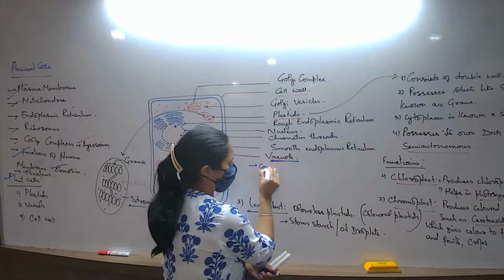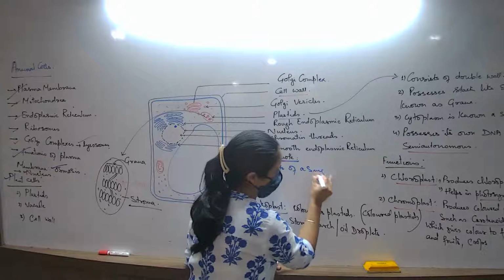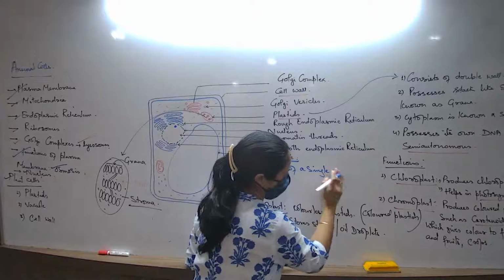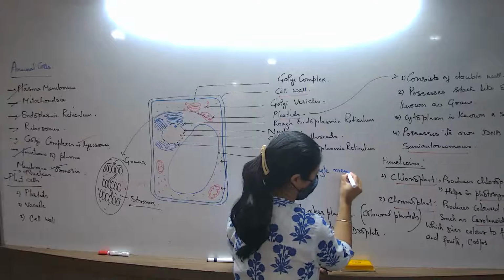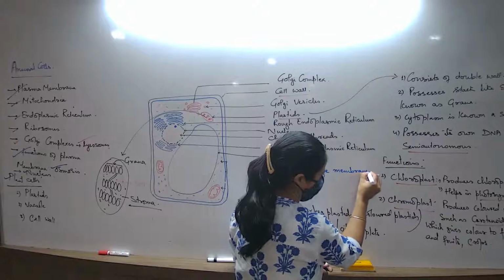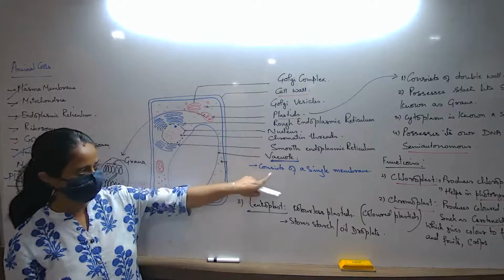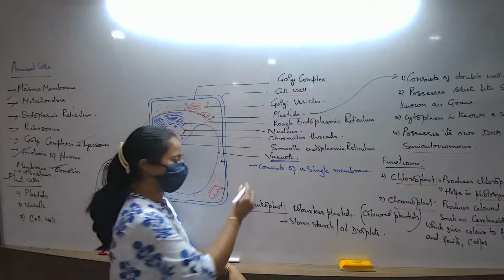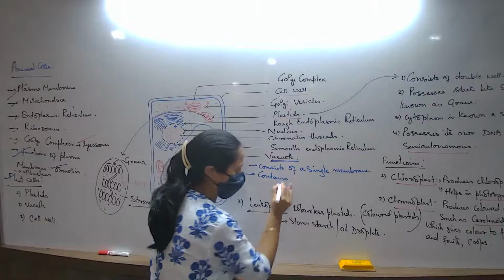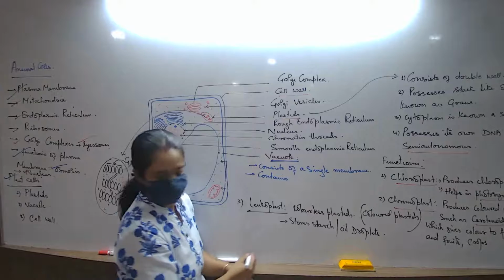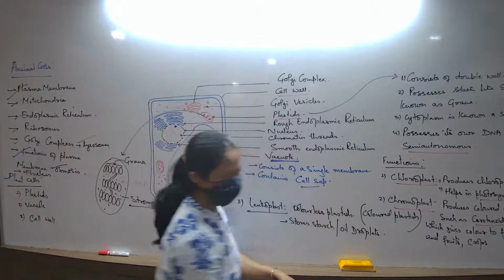It is consisting of single wall. It has got a single membrane or a single wall. What does it contain? What did I tell you? What is the name of the solution inside? Contains cell sap.